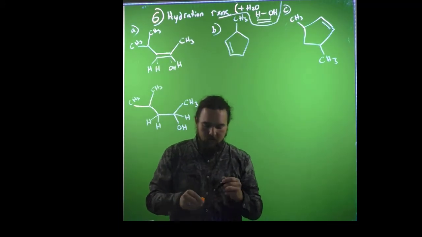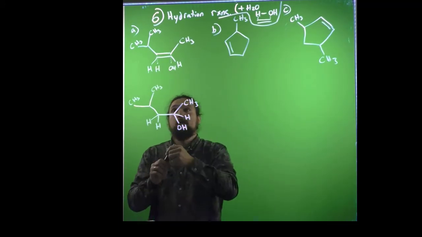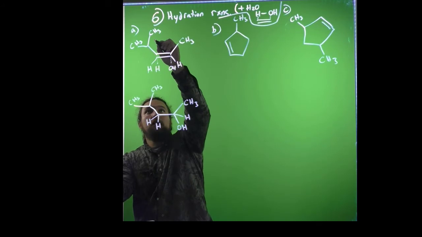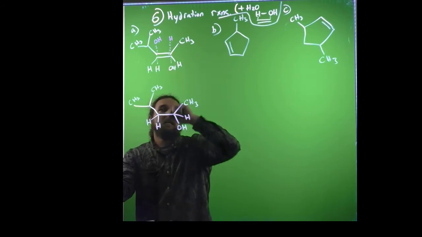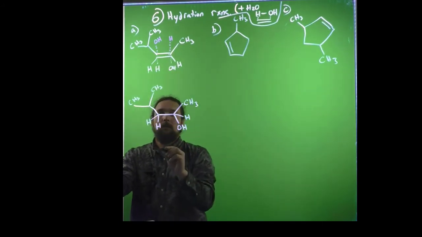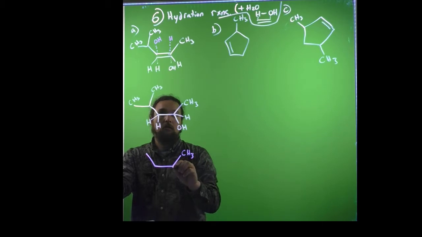Or we could add the OH the other way, where we add the OH to this side of the carbon and the hydrogen to this side, in which case our product would be... so we have our H being added right here.